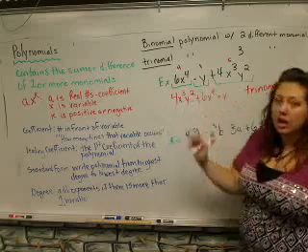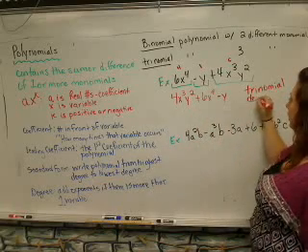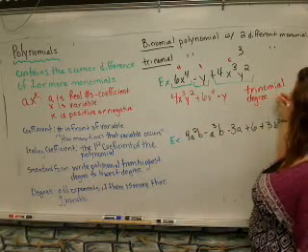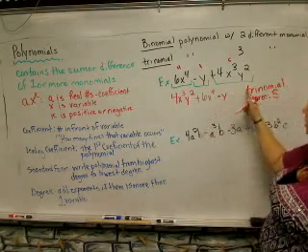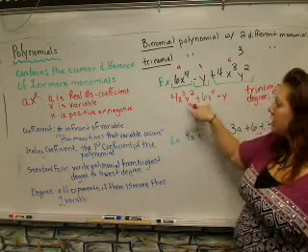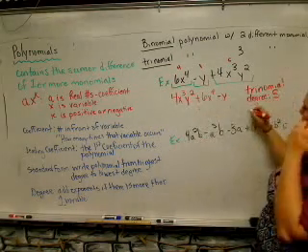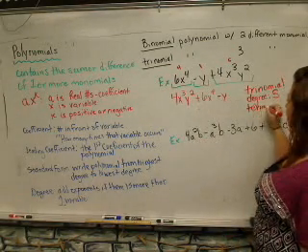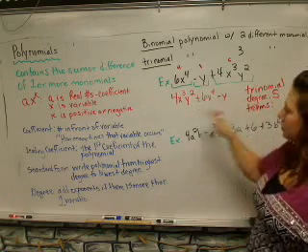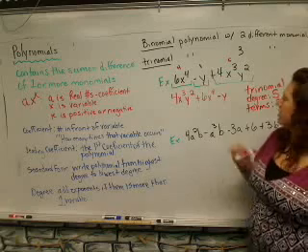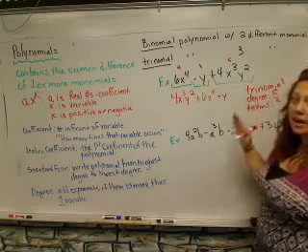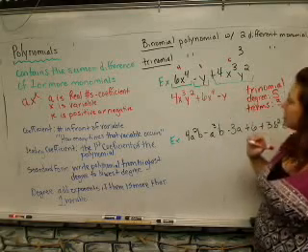That means this trinomial has a degree of 5. Also, sometimes instead of saying trinomial, they'll ask you, how many terms does this have? Well, since it's a trinomial, it has 1, 2, 3 terms. So we know it's a trinomial, it has a degree of 5, it has 3 terms.